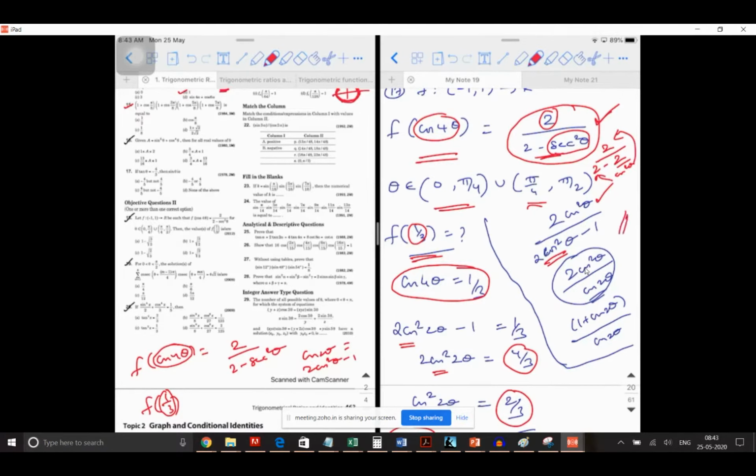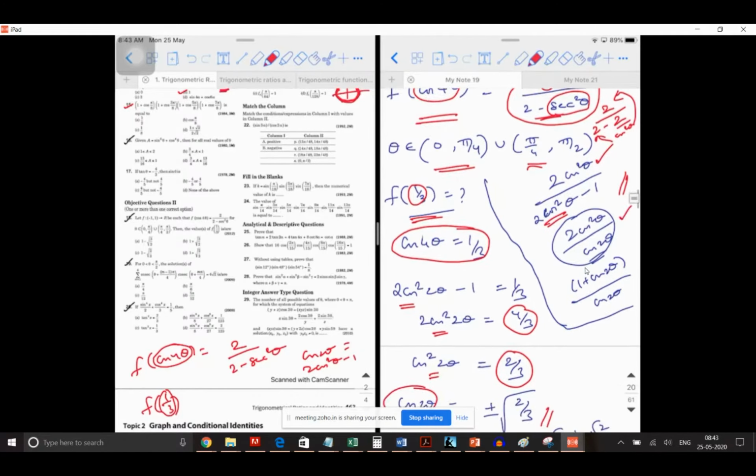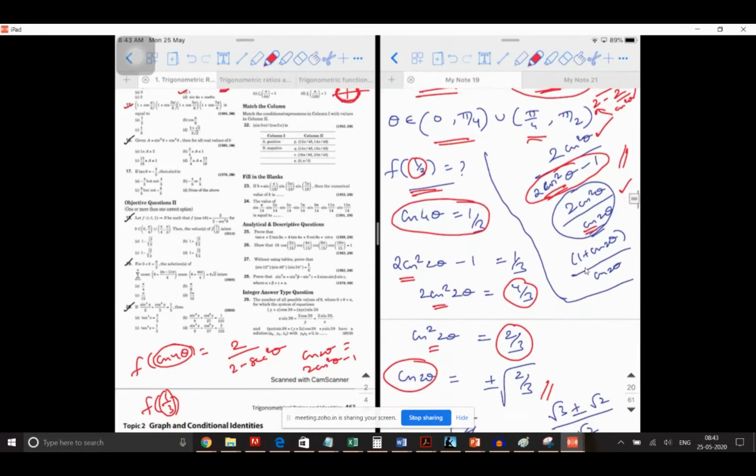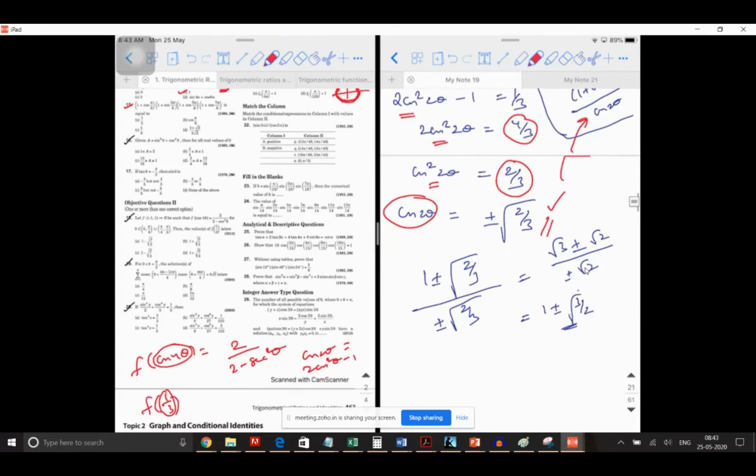It will be 2 cos square theta divided by 2 cos square theta minus 1. What is 2 cos square theta minus 1? That is nothing but cos 2 theta. Right. But we have already found the value of cos 2 theta, which is plus or minus root of 2 by 3. Your work is only to substitute it here. So once you substitute the value, you will get the answer as 1 plus or minus root 3 by 2. That's it. As simple as that.